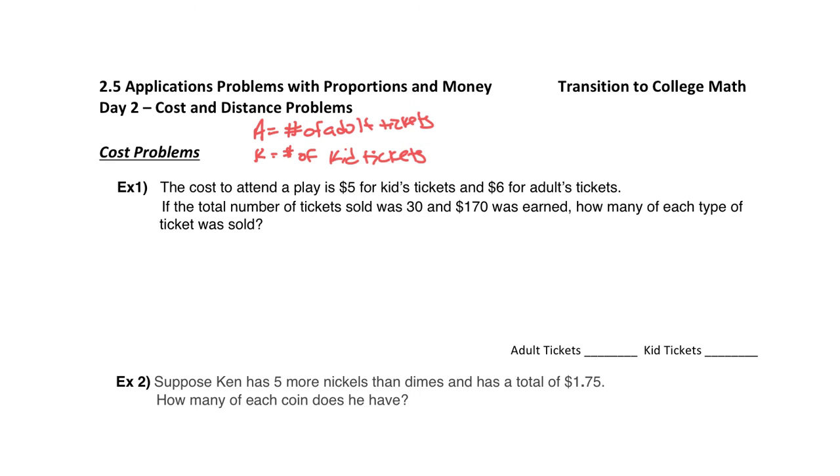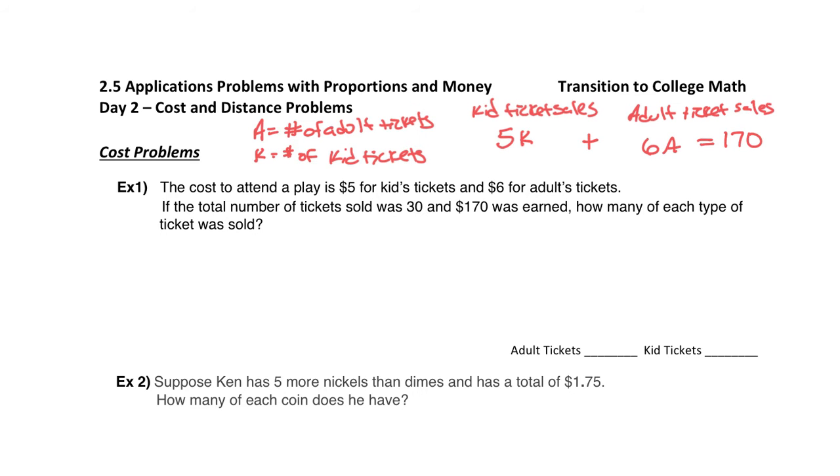That means kid ticket sales would be $5K, $5 for each ticket. Adult ticket sales would be 6A, because it's $6 for each ticket. Combined, 5K plus 6A would be a grand total of $170, because that's how much total was earned.